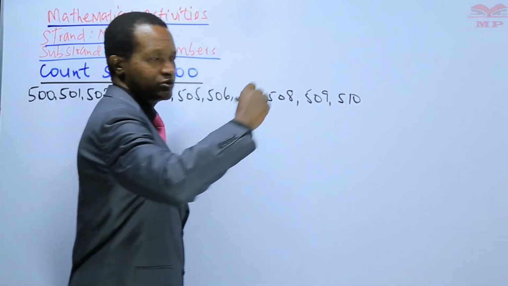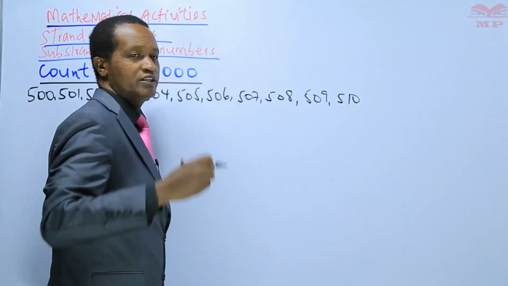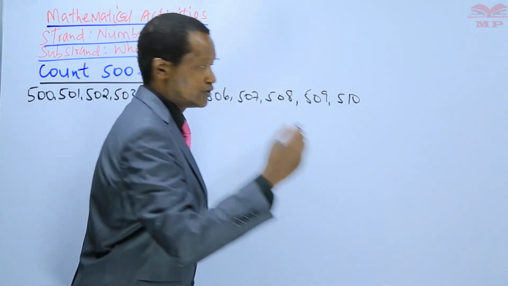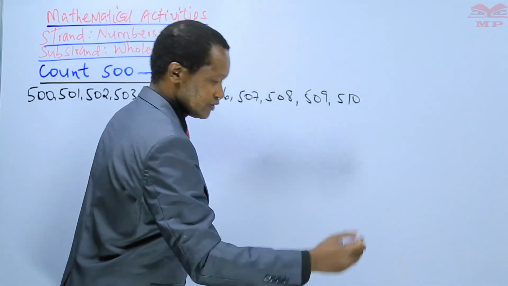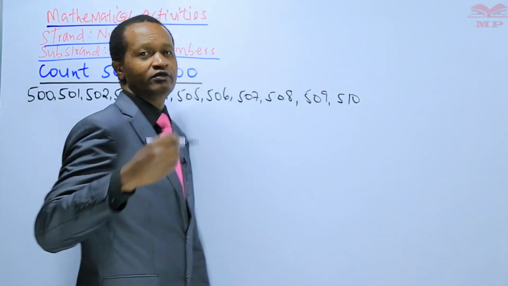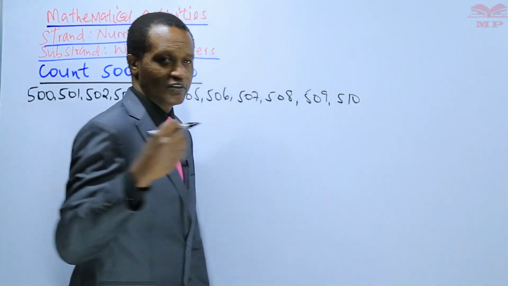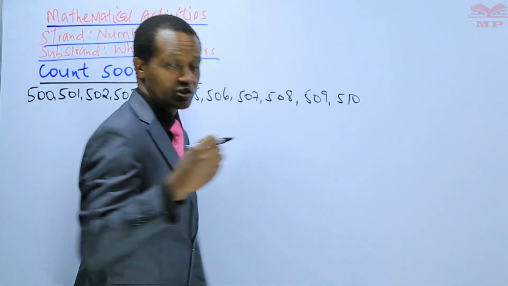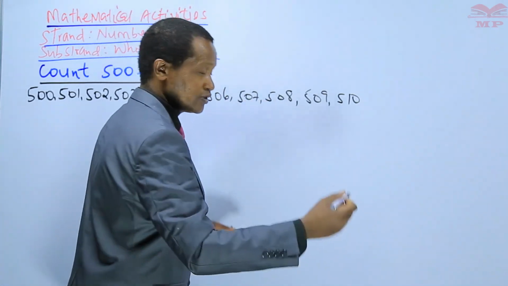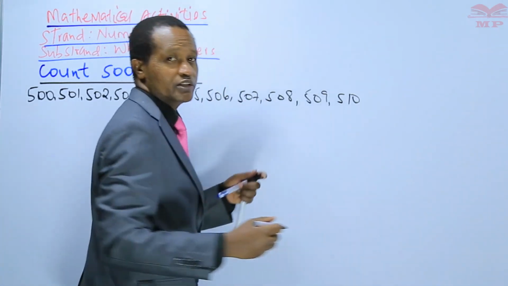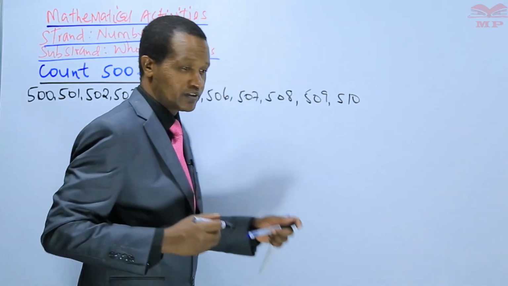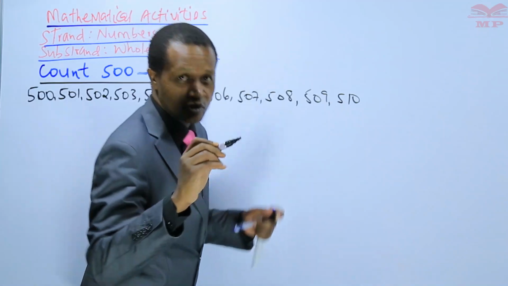We go on to 511, 512, 513, 514, 515, 516, 517, 518, 519, 520. Learners counting. 521, 522, 523, 524, 525, 526, 527.